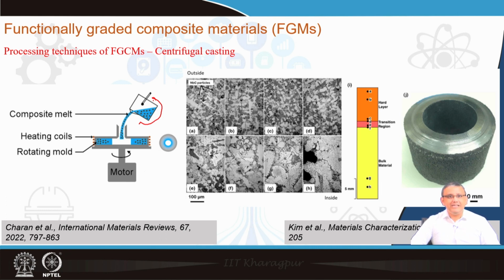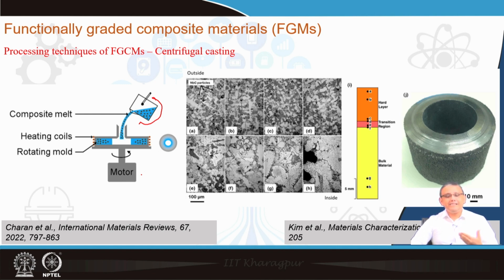In centrifugal casting, we use a rotating mold. The mold is rotated around the vertical axis, and when the particle containing melt is poured inside this mold, because of the centrifugal action and following Stokes law, the particles will be arranged depending upon their density.